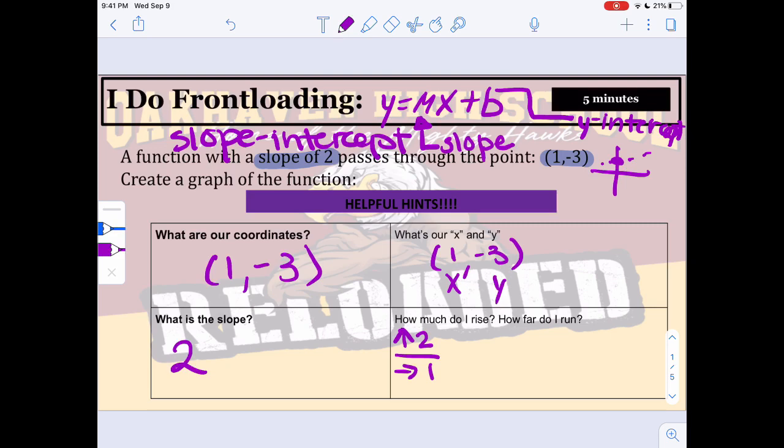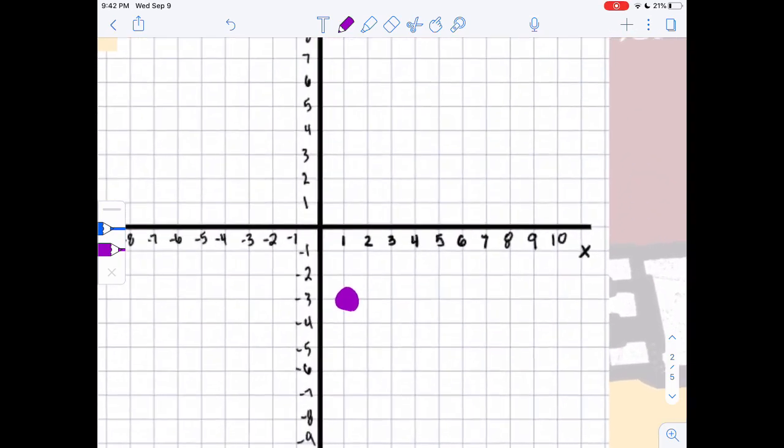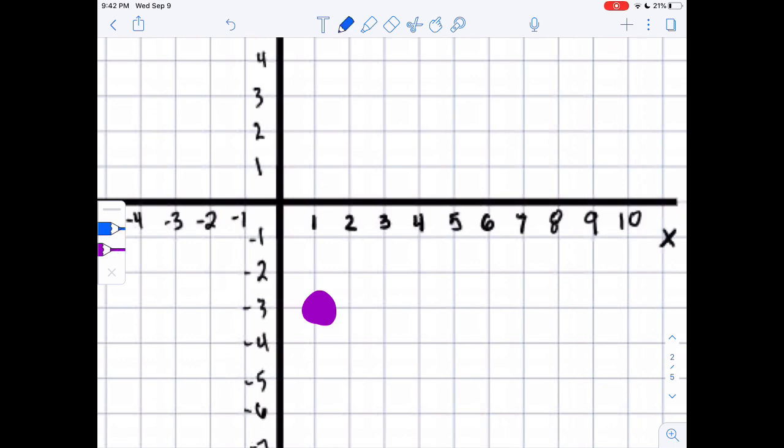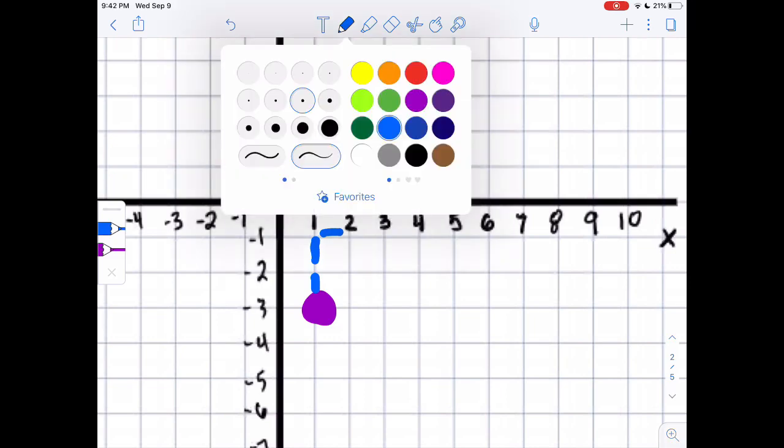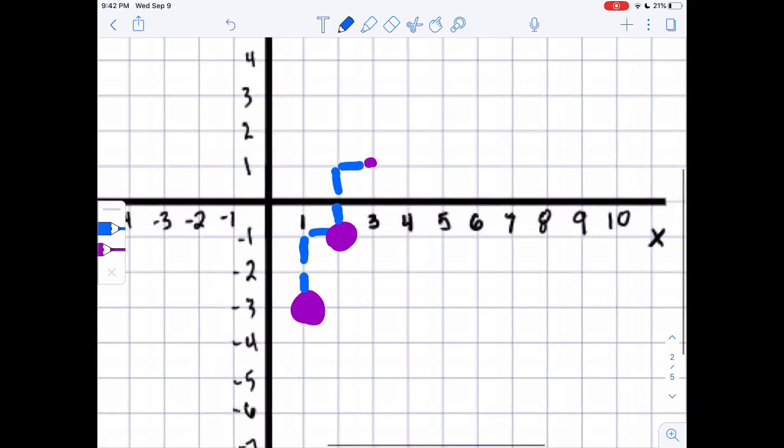Let's take a look at graphing this. So I'm going to plot my point at (1, -3). And then I need to follow my slope, which was up 2, to the right 1. I'm going to plot another point. Let's try it again. Move up 2, to the right 1.